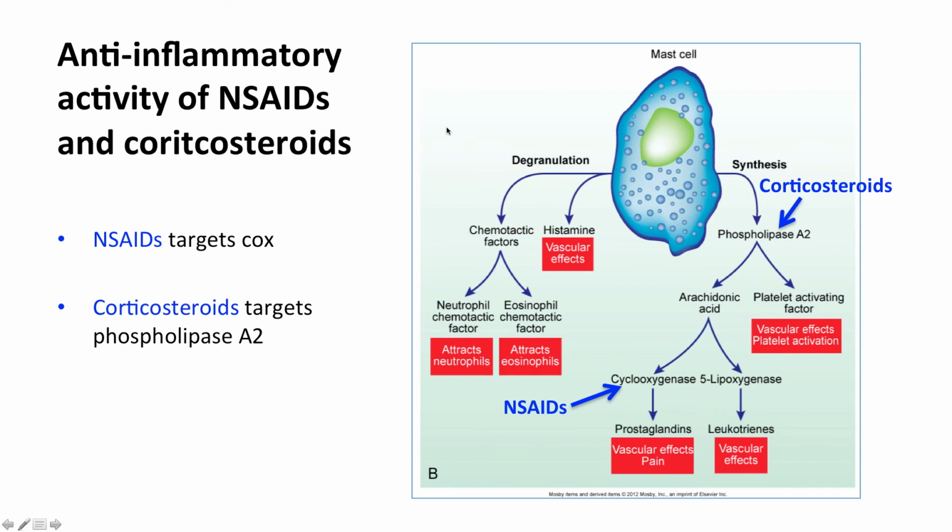I just want to give you a summary showing that NSAIDs target the cyclooxygenase in the pathway of the synthesis of inflammatory mediators, prostaglandins, and leukotrienes. And then corticosteroids can downregulate the upstream component phospholipase A2 in the synthesis pathway.